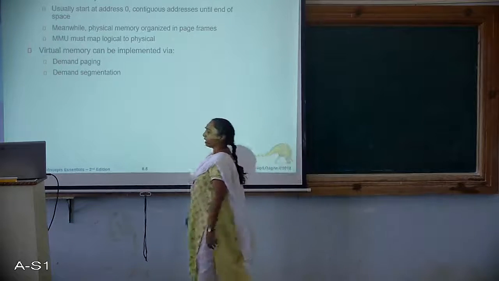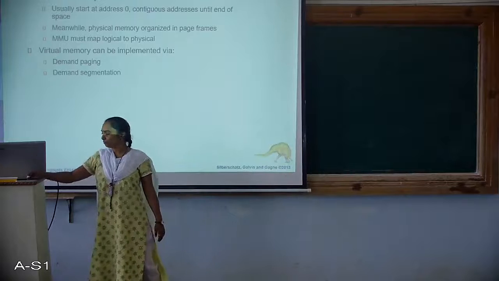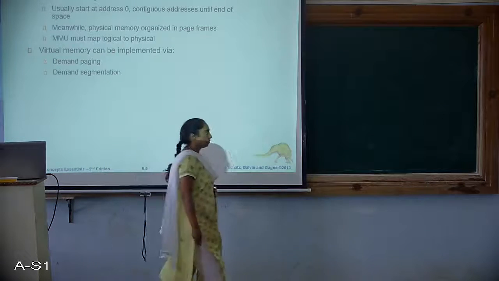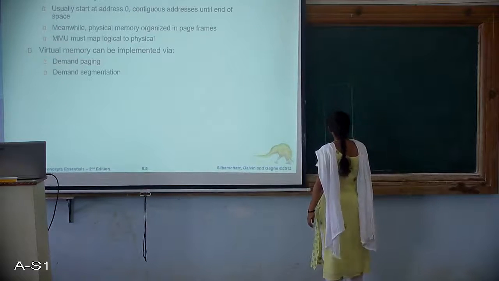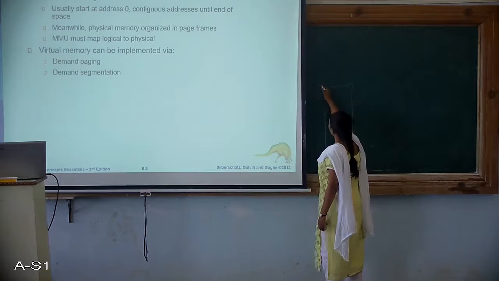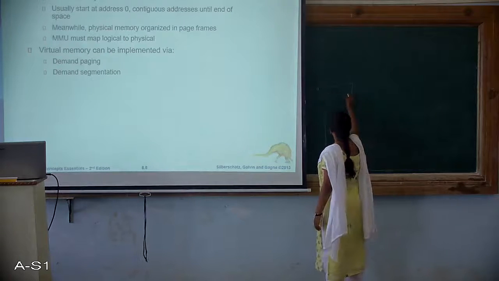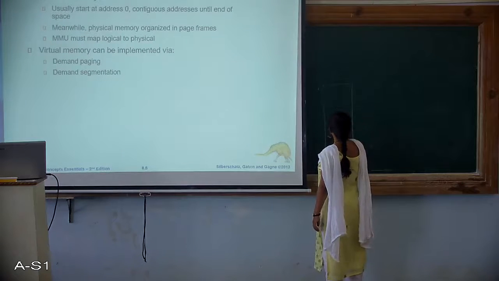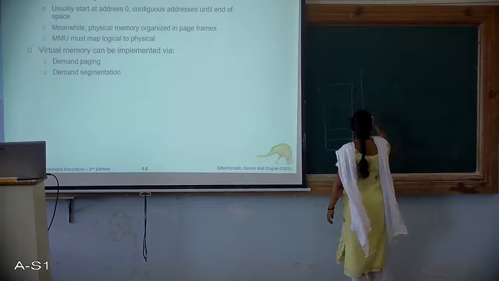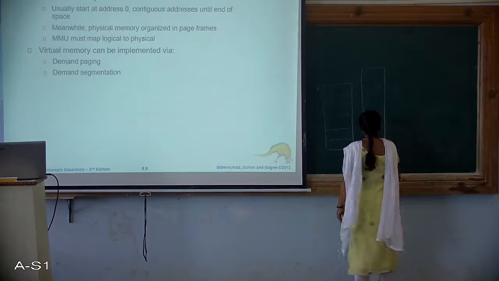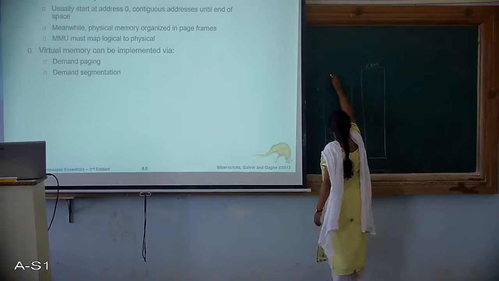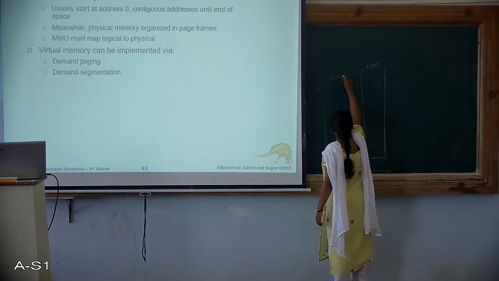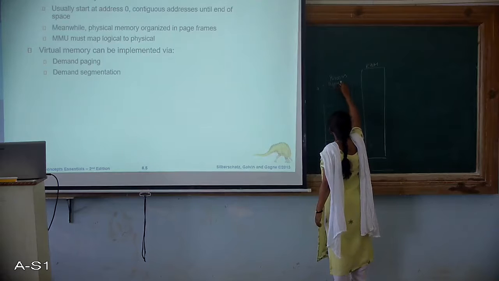Last class we saw that our process starts at logical address space 0, and we have pages of our process, and we have the main memory, that is RAM. This is the process. This is called the logical address space.